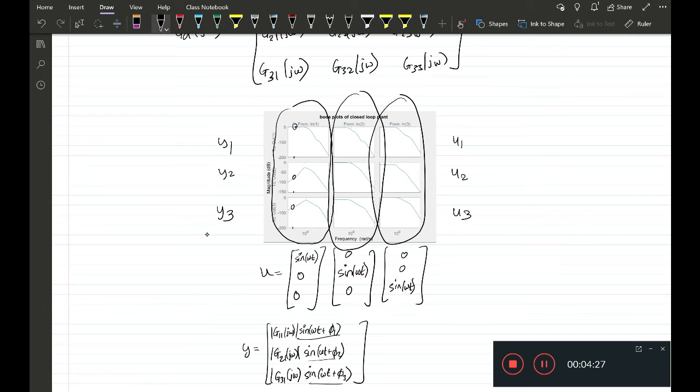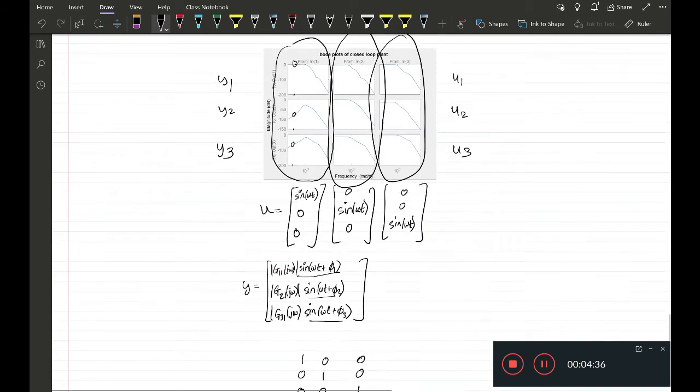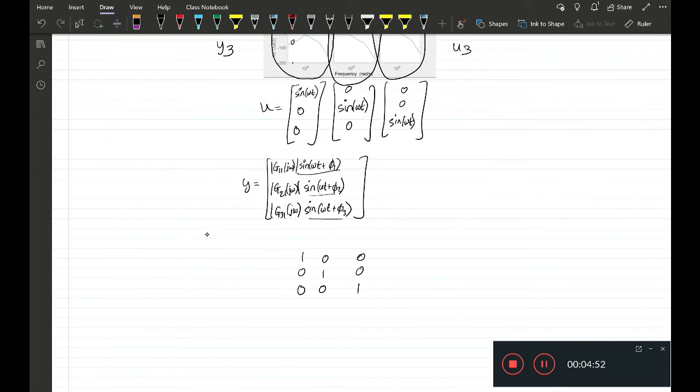Now note that we've only considered the 3 canonical directions, that is 1 0 0, 0 1 0 and 0 0 1, in these Bode plots, but there could be a combination of these directions which could cause a higher amplitude sine wave at the output. In order to address this, we have singular value plots, or sigma plots. This is where sigma plots come in.